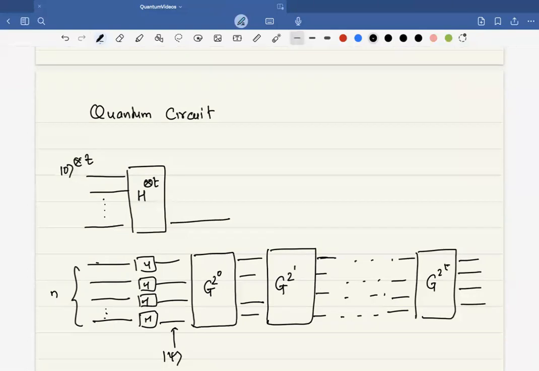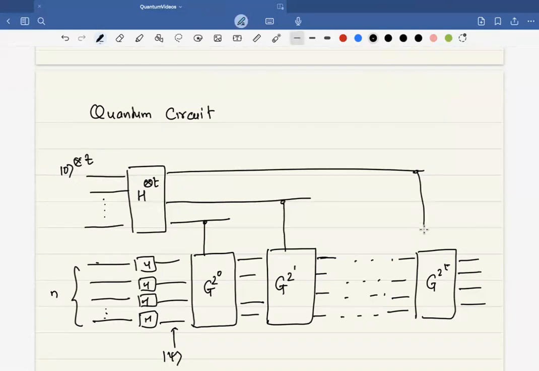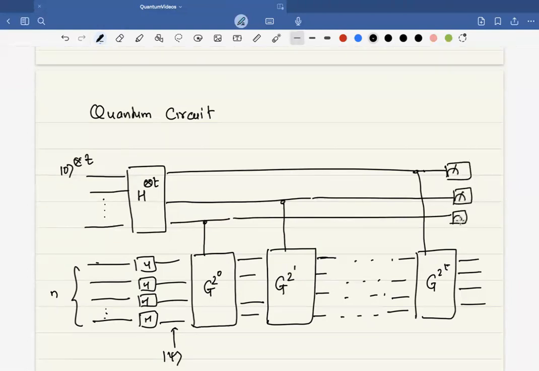And then, of course, we have the control. And then finally, we have the measurement. And over here, we'll get an estimate of theta. So this will be some estimate of theta.